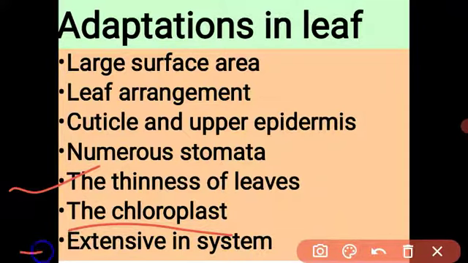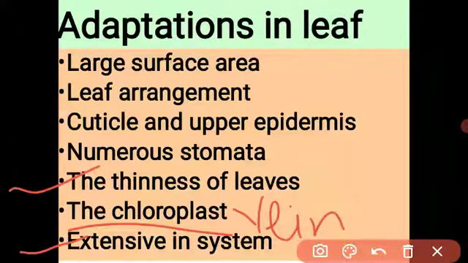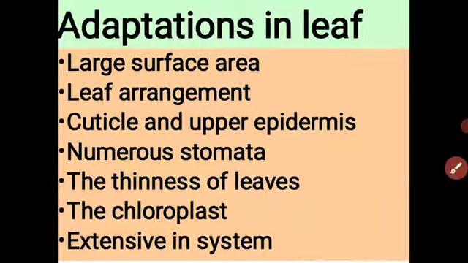And the extensive vein system. See, the extensive vein system allows rapid transport to the mesophyll cells, and in that way the plant can produce a large amount of food by the process of photosynthesis.